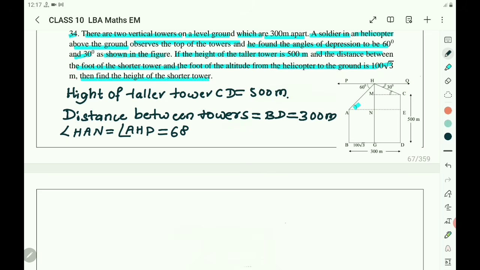Similarly, angle QHC equals angle HCM, QHC or CHQ, both are equal to 30 degree.